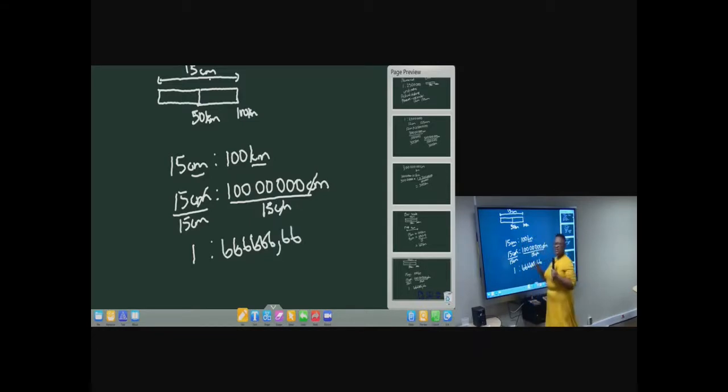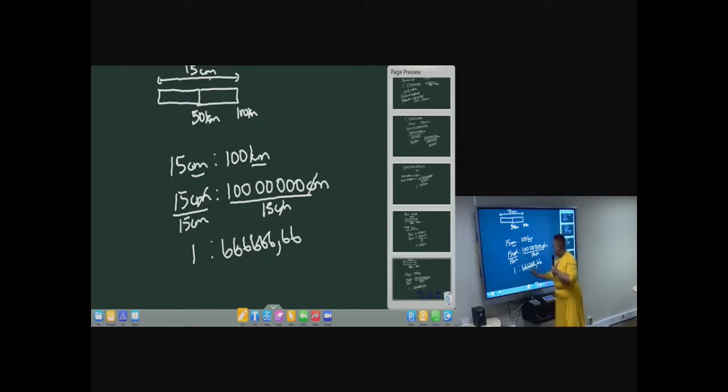And please note, a scale will not have units. Yesterday I mentioned something about rounding, which is very important, because you can be asked to represent it in the form of a numerical scale rounded. Let's say you were asked to write it in the form of a unit ratio rounded to the nearest thousand.